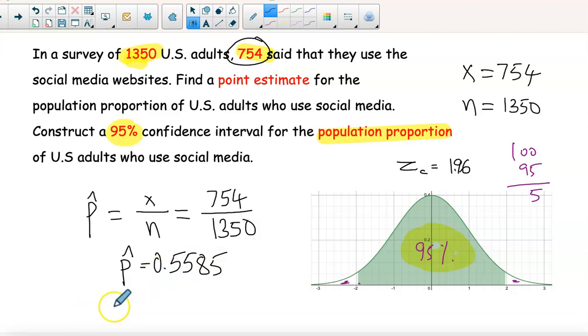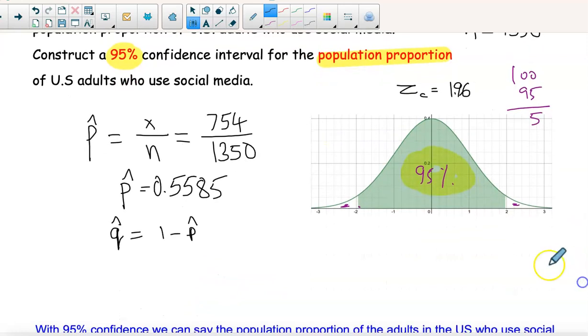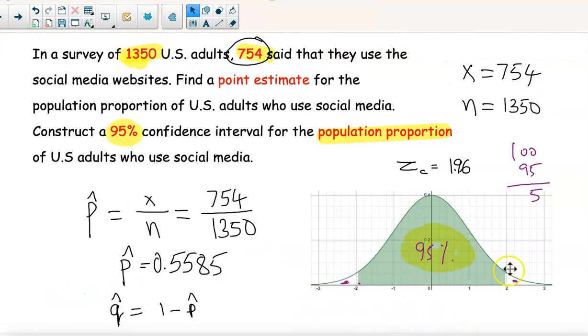So once you have your P hat, very easily you can find your Q hat also, right? Subtract. Q hat is equal to 1 minus P hat, that is 1 minus 0.5585.